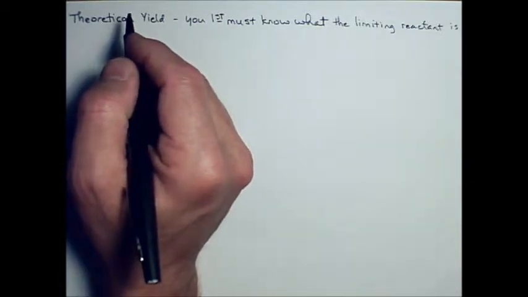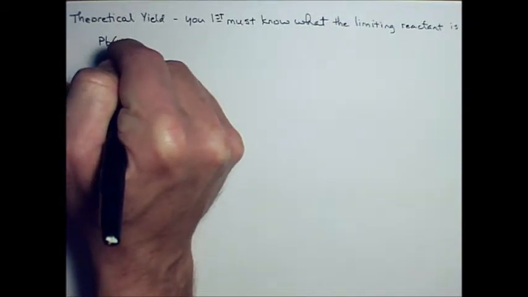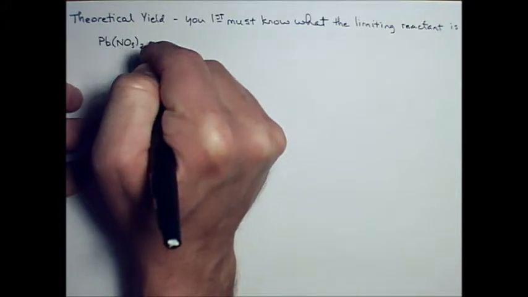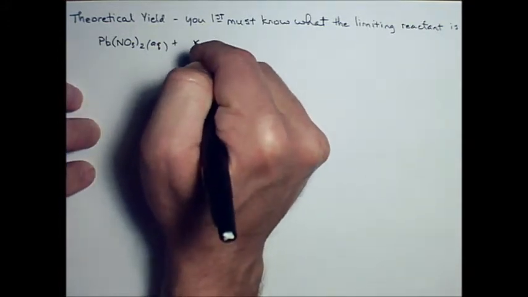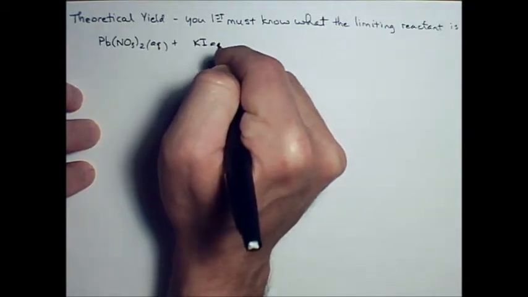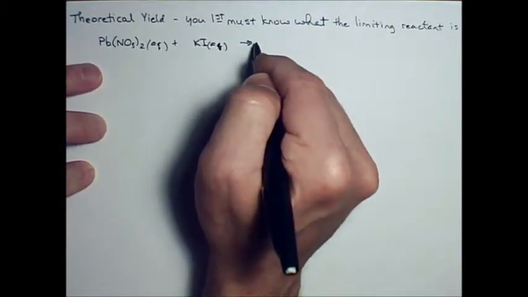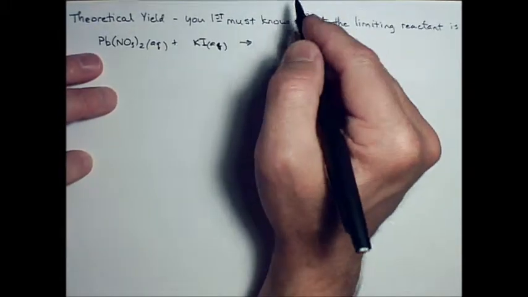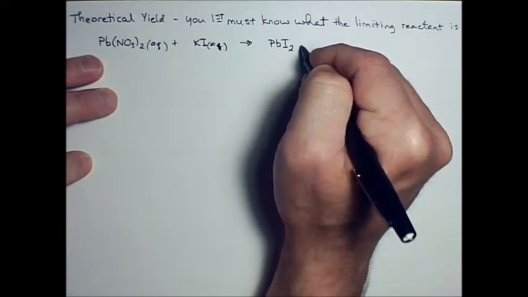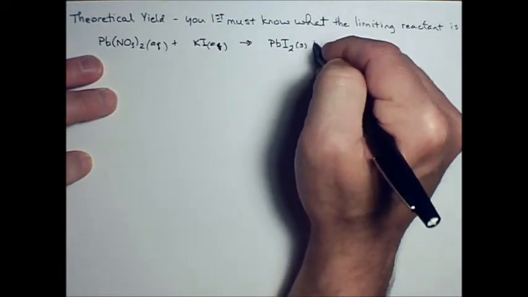In this lab we just recently did, you were reacting lead nitrate, which we dissolved, with potassium iodide, which you dissolved, and we performed a chemical reaction by mixing those two solutions together, and we got lead iodide, which turned out to be a solid, a yellow solid, which you collected through filtration.